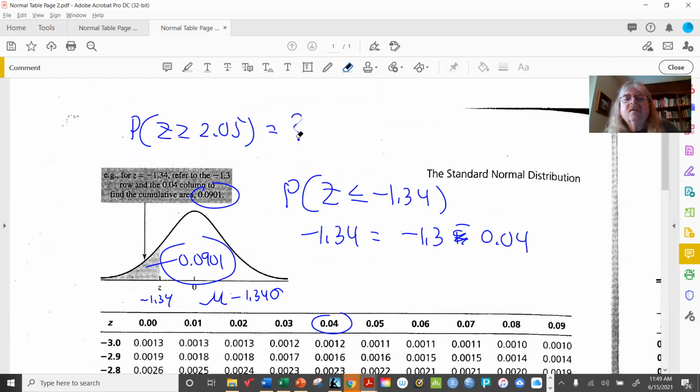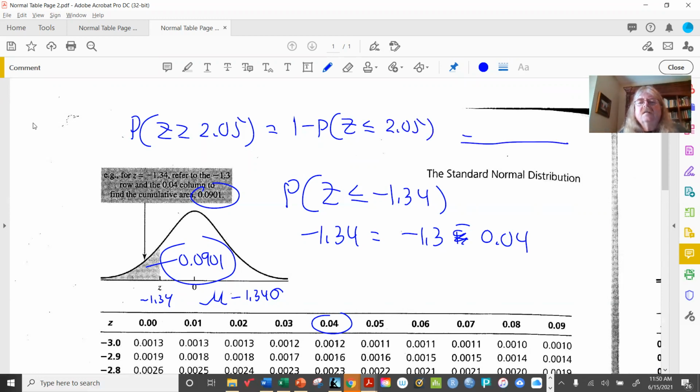Just like when we're dealing with the CDF function for Poisson and for binomial, it turns out that this is the same as 1 minus... Because one of these things has to be true, doesn't it?